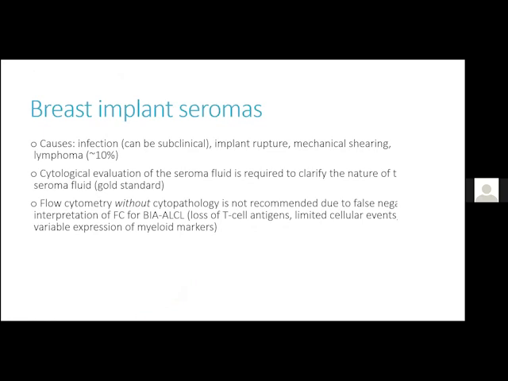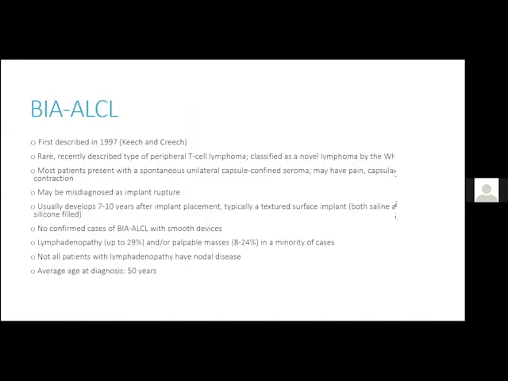There are other causes, including a subclinical infection, often bacterial, implant rupture, mechanical shearing, and the cytologic evaluation of the seroma fluid is really the gold standard to clarify the cause of the seroma. Flow cytometry without cytopathology is not recommended because there may be too few cellular events to interpret and also misinterpretation based on loss of T cell antigens. So it may not be clear based on limited cells with flow cytometry.